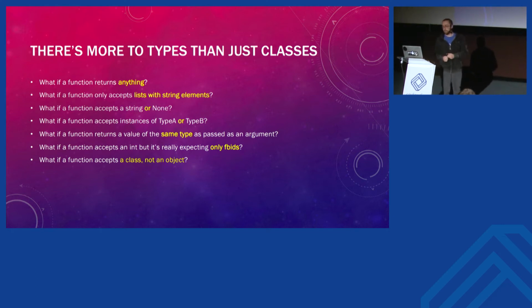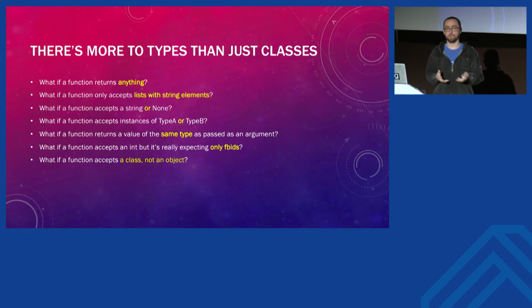If you want something that accepts lists of strings or whatever else, so generics, right? If you want to have multiple types that are accepted, you want to list them. If you want to have instances of either one type or maybe None. There are many possible things that are technically types but aren't quite simple classes.